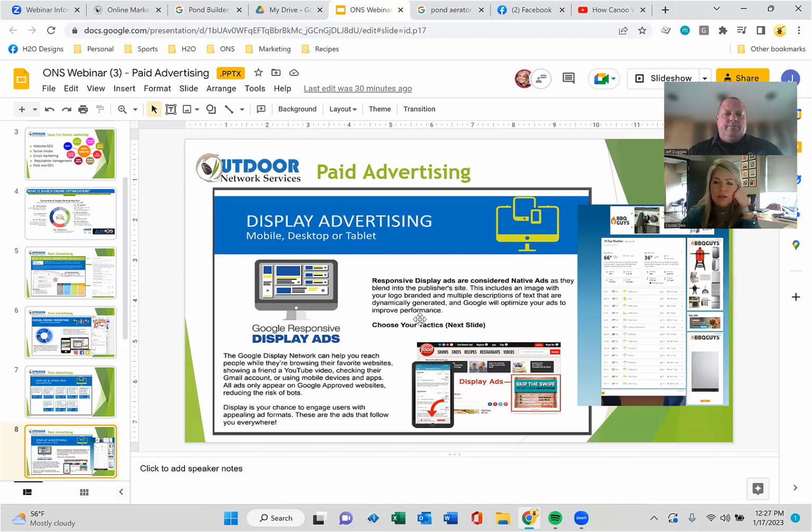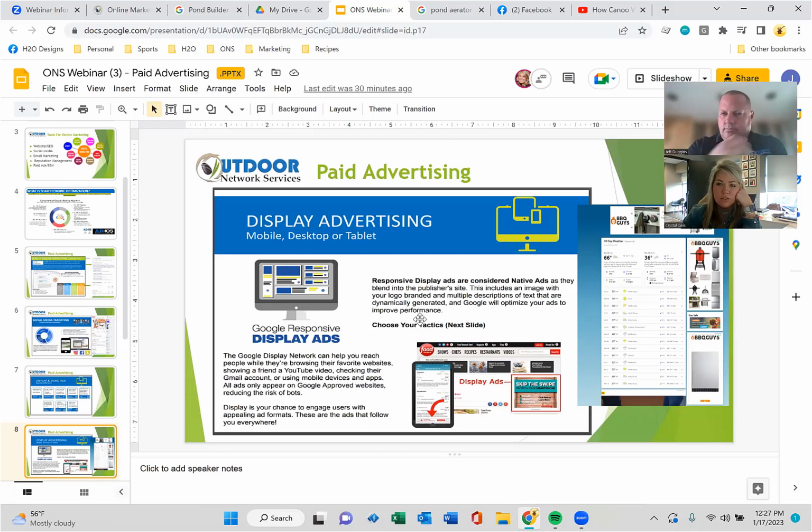Yeah, absolutely. So display ads in general run off of an impression buy. So when you're thinking about a budget for them, it's more of a set amount because you're going to get more impressions, which are eyeballs, versus the click-through rate.